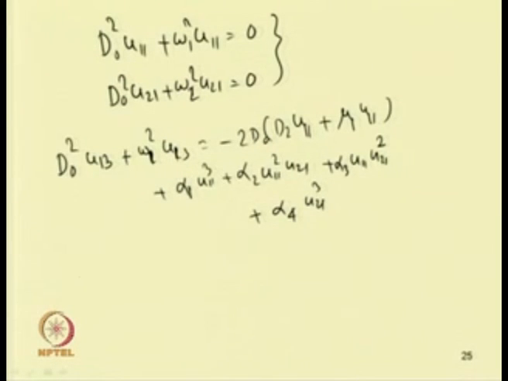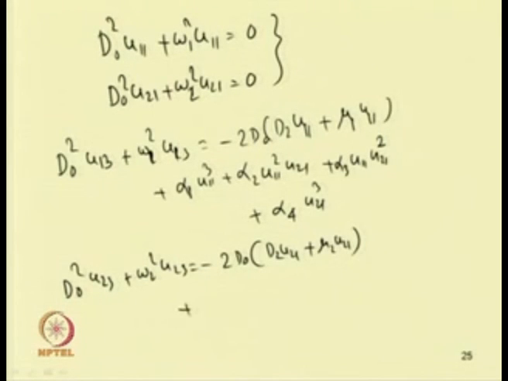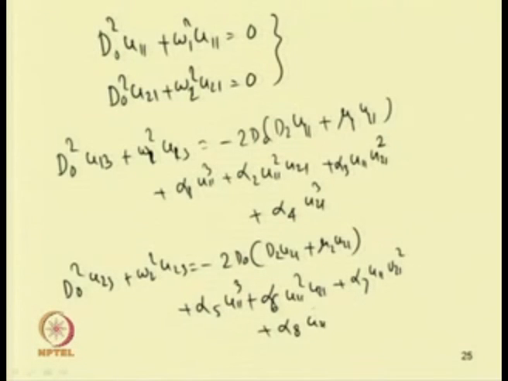Similarly, the second equation can be written in this form: d 0 square u 2 3 plus omega 2 square u 2 3 equal to minus 2 d 0 into d 2 u 2 1 plus mu 2 u 2 1 plus alpha 5 u 1 1 cube plus alpha 6 u 1 1 square u 2 1 plus alpha 7 u 1 1 u 2 1 square plus alpha 8 u 2 1 cube.